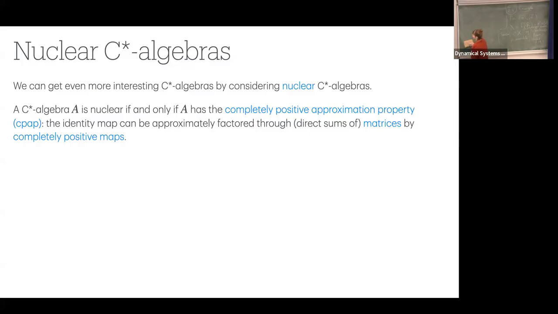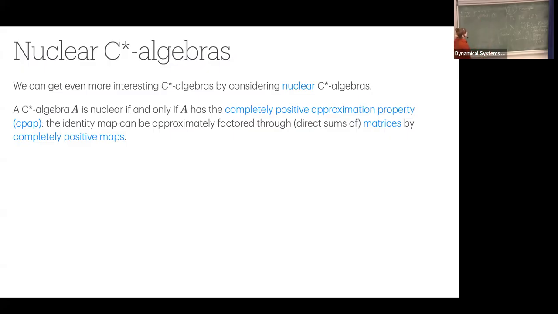Completely positive: we saw the notion of a positive map before. Basically, this means in this context that a map between C-star algebras is positive if phi of a star a is in b star b.